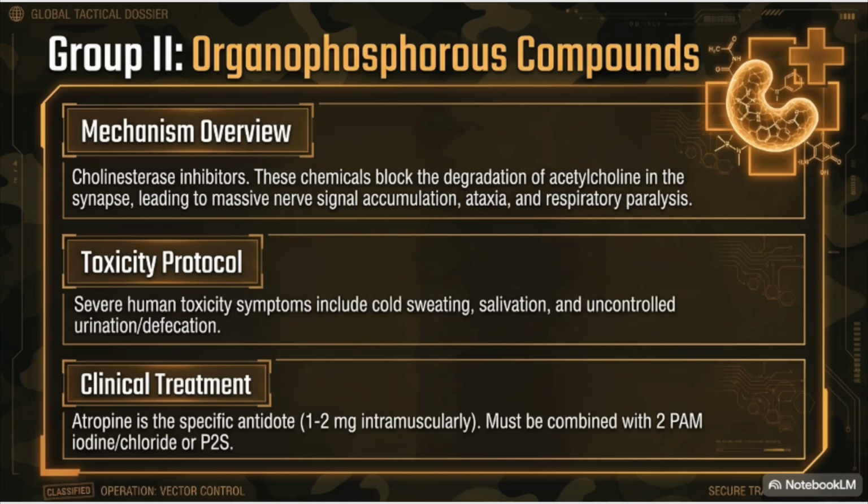Severe human toxicity symptoms include cold sweating, salivation, and uncontrolled urination or defecation. The clinical treatment involves atropine as the specific antidote given at 1 to 2 mg intramuscularly, and this must be combined with 2-PAM iodide, 2-PAM chloride, or P2S, that is nothing but pralidoxime chloride or pralidoxime mesylate respectively.